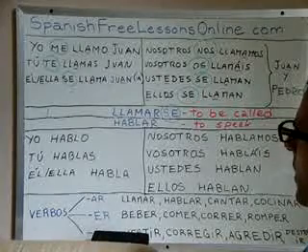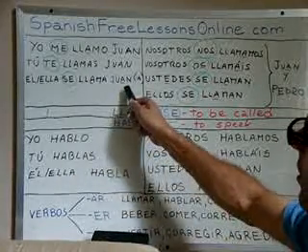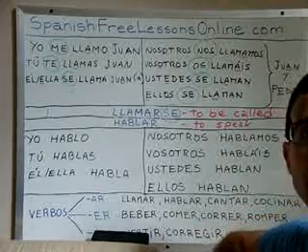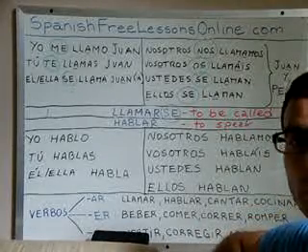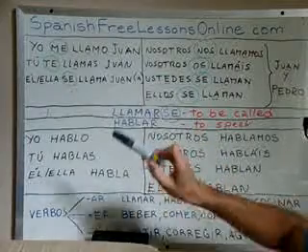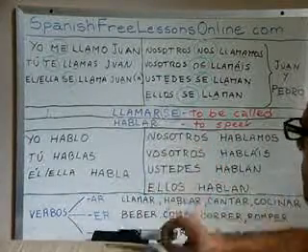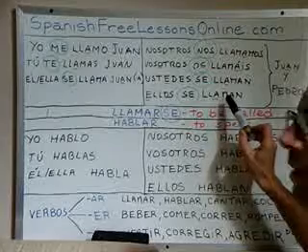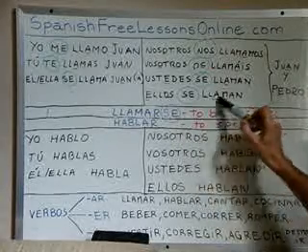Okay? I have underlined the vowels or the syllables that carry the accent in the words. So here it's ellos, not ellos. No, ellos. Here it is not llaman, it is llaman. Ellos se llaman.